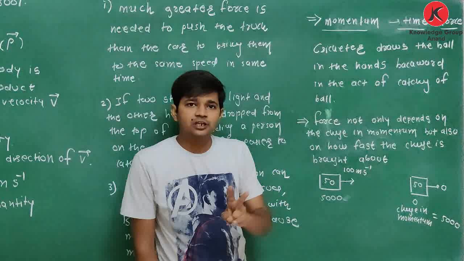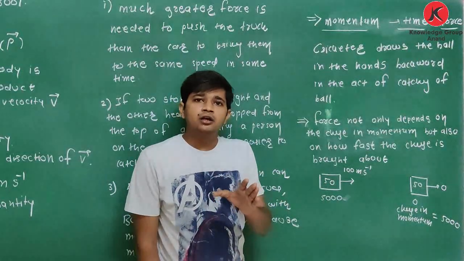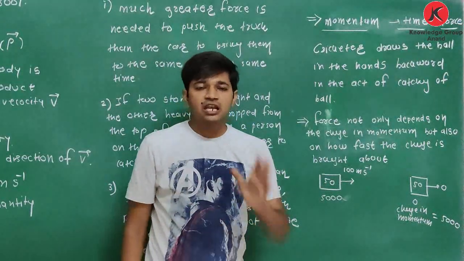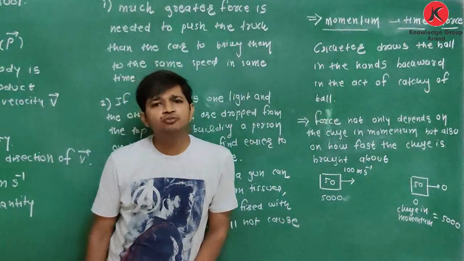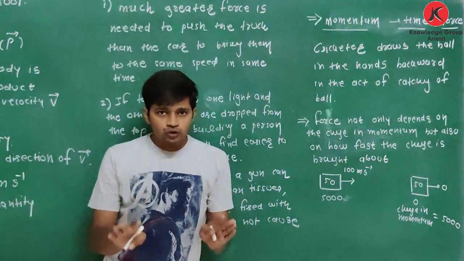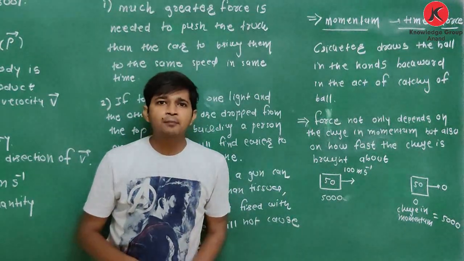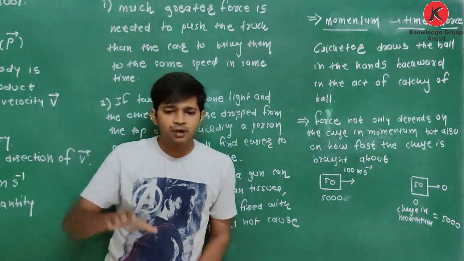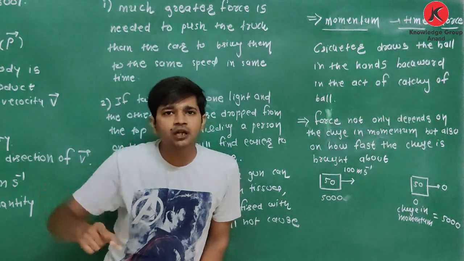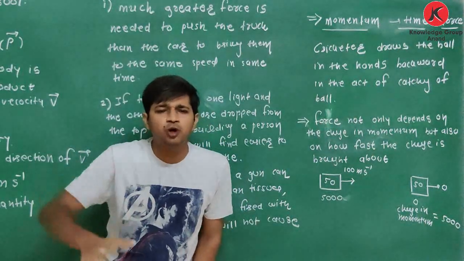Now I can stop this car in two cases. First, when I am applying a large braking force. Large braking force means if you want to stop a vehicle, you have to apply brakes. Yes or no? If I apply the brake sharply, then yes, the vehicle will stop in a very small time. Yes or no?